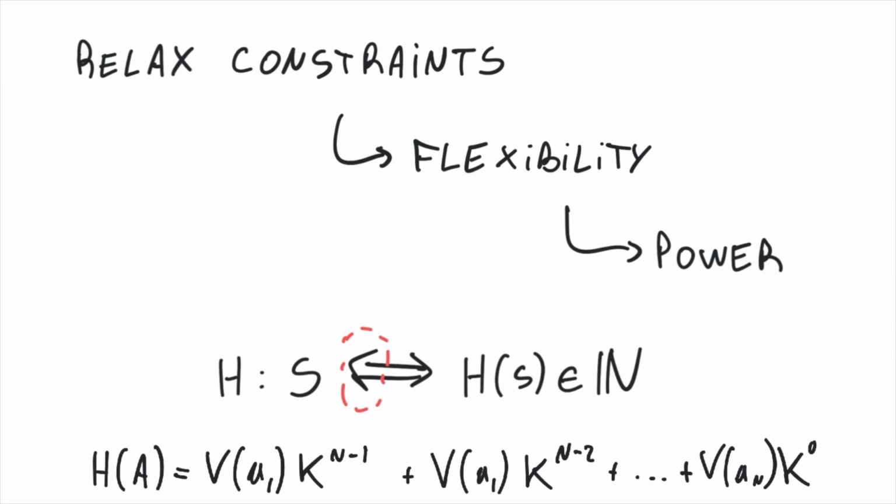In this hash function, now we have freedom to choose v of a. We can replace the k with some other value, maybe not related to the alphabet. We can also add other kinds of operations. For example, if we want to keep the number small, we may take some modulo m at the end, and all this freedom will let us generate much more general hash functions than the simple base k representation that I considered before. So, summarizing, what did we gain?